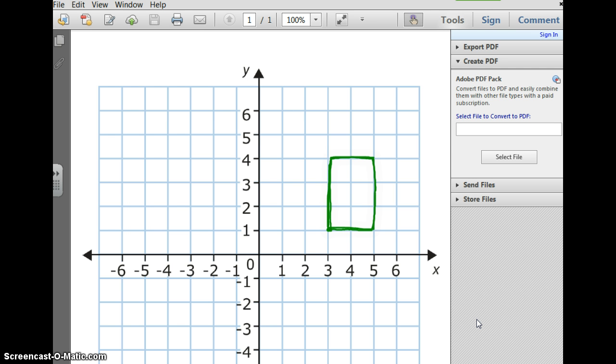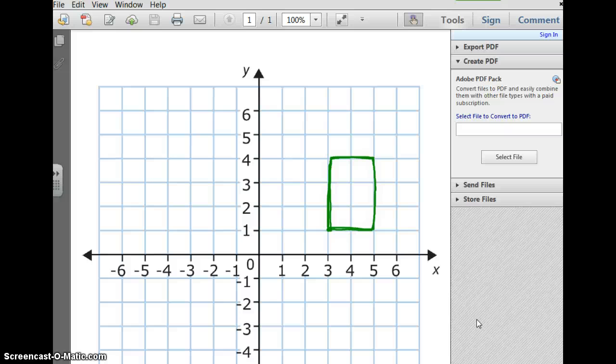Copy that shape. If you'd like to fill it in, that's perfectly fine. Okay, you have 10 seconds to get that finished.